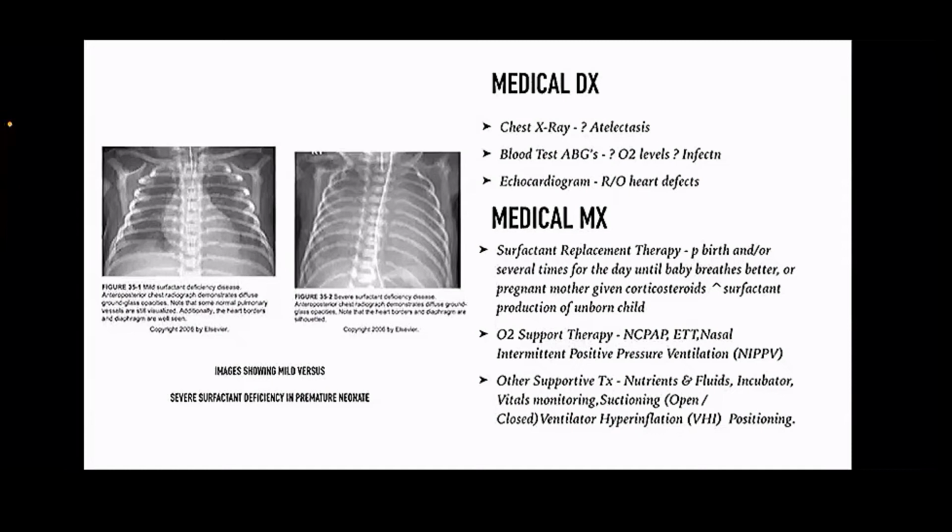These are some examples. Other supportive treatments such as nutrients and fluids, incubation, vitals monitoring, suctioning, open or closed ventilator hyperinflation or VHI, and positioning. So on the left of the screen, you'll see images showing mild versus severe deficiency in the premature neonate. Okay.